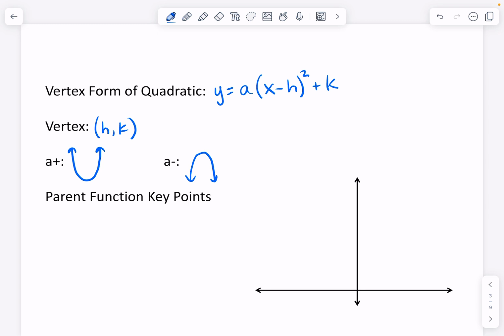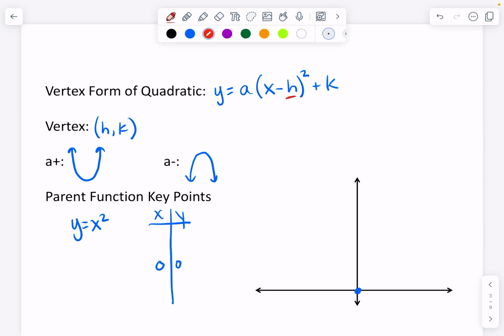Okay, and parent function key points. So you have your vertex. When I'm looking at y equals x squared, that's the parent function, we have the point (0, 0). That's my vertex. If you look at it, I don't have an h, I don't have a k.